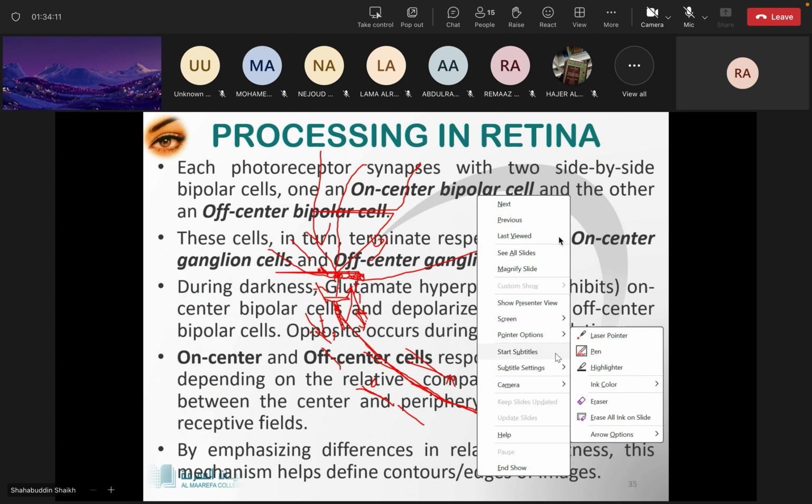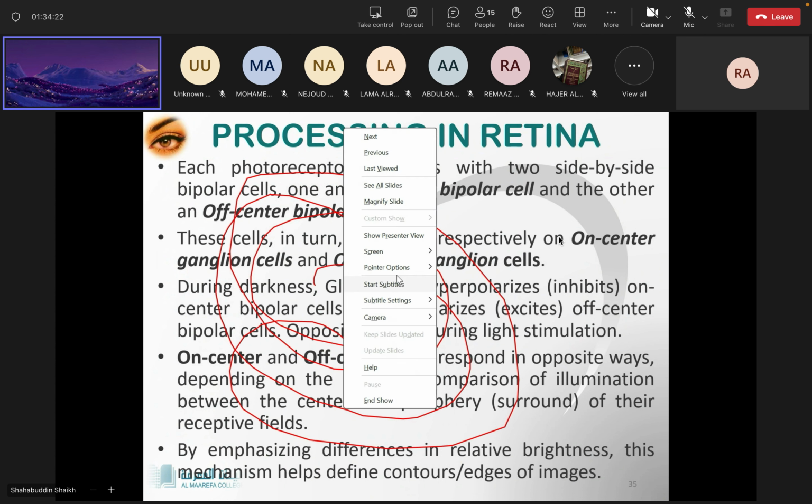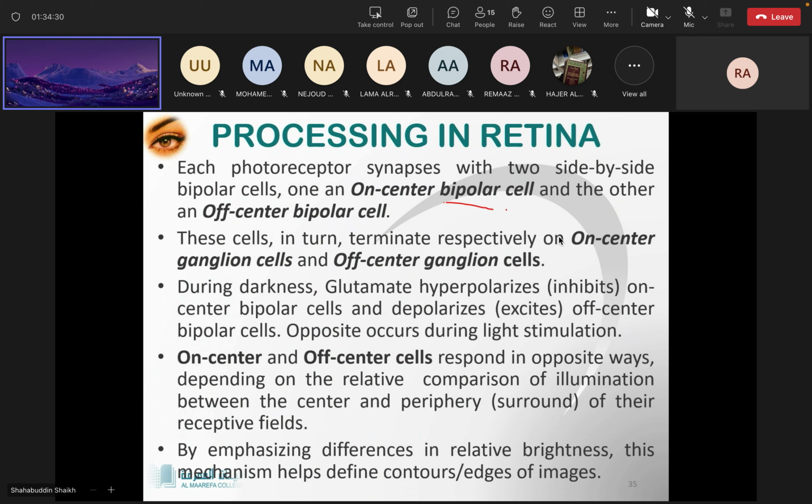Now, whether you understand all this that I have discussed, the whole slide, or not, for your exam the only thing you have to remember is that in the retina during processing, some bipolar cells become on center and some become off center. Similarly, some ganglion cells become on center and some become off center.